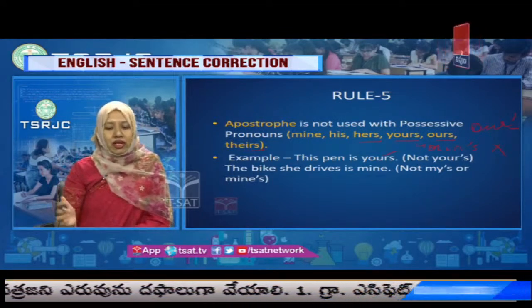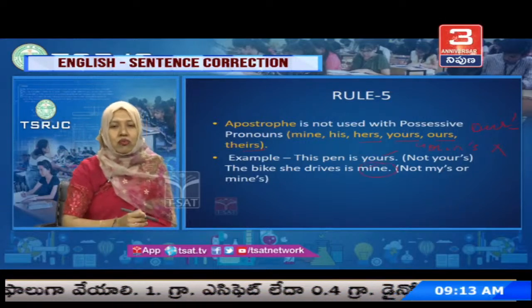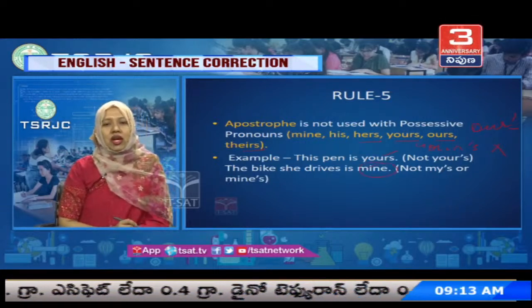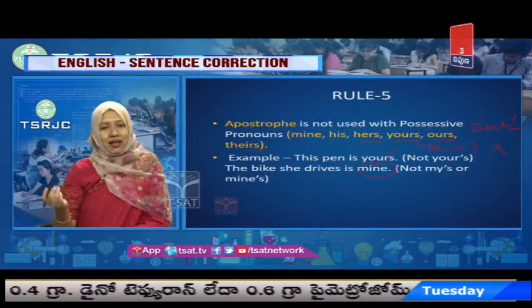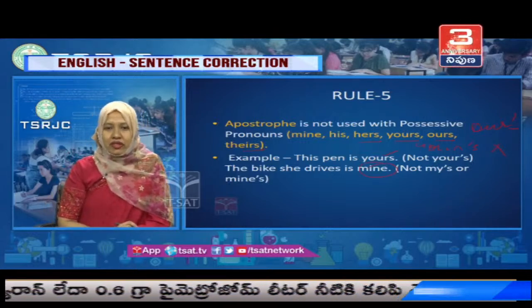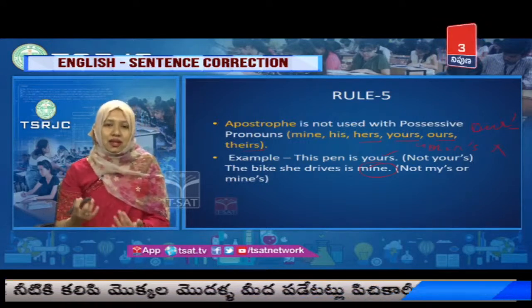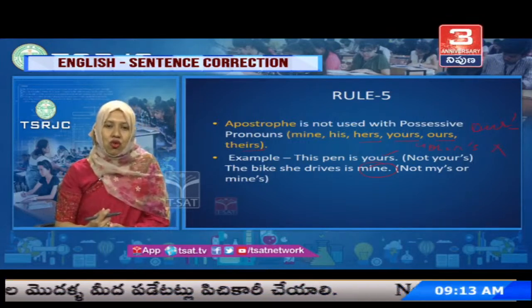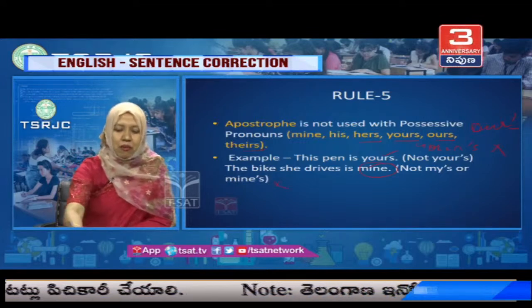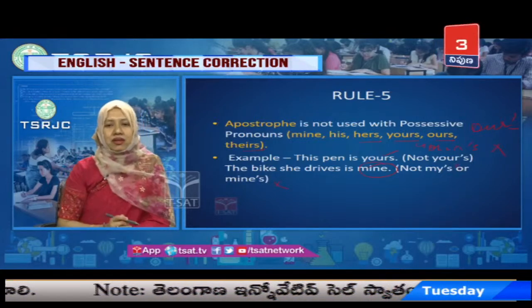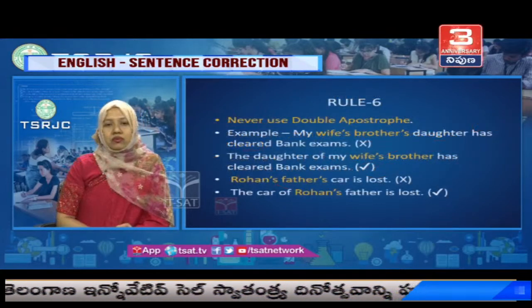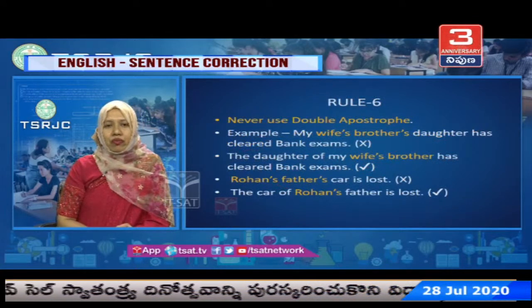Here you are referring to mine. Mine is the possessive pronoun. So here you cannot say mice or mines. Most native speakers make this mistake by saying it is mines, which is wrong. Never use mines or mice. It is mine.